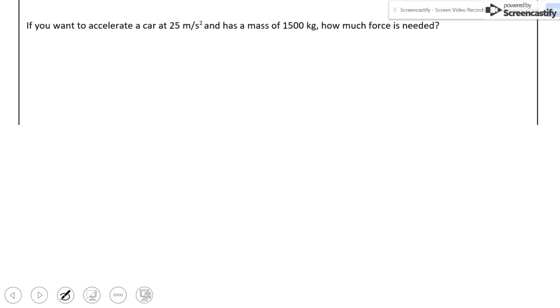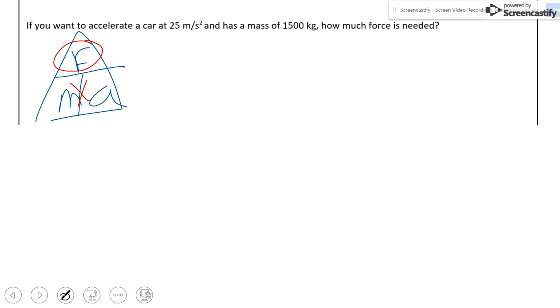Okay, next problem. If you want to accelerate a car at 25 meters per second squared, and it has a mass of 1,500 kilograms, how much force is needed? We're going to try and find F. If we cover that up, we are left with M times A. So force equals mass times acceleration.